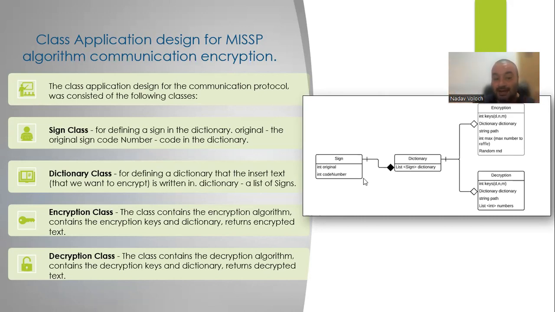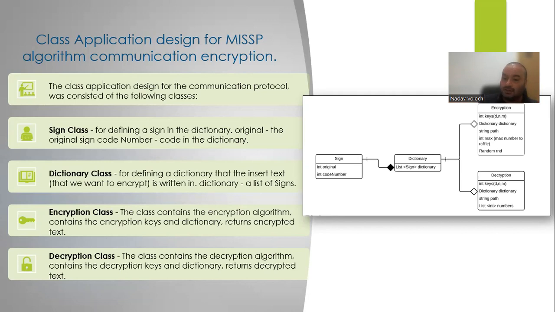We have four main classes. The encryption class and the decryption class, I think, are self-explanatory. We need one class for the encryption that includes the algorithm, the keys, and everything, and a very similar class for decryption that includes almost the same things, but the algorithm is, of course, a little bit different.